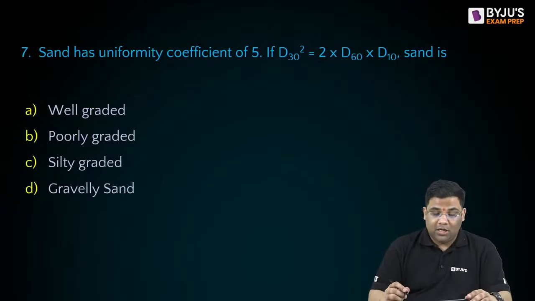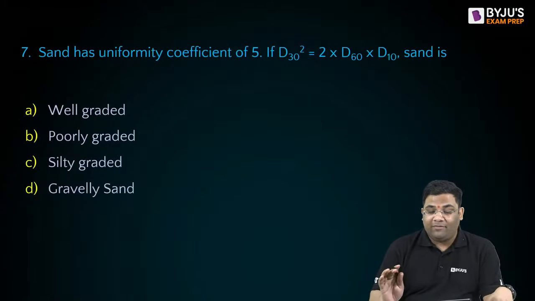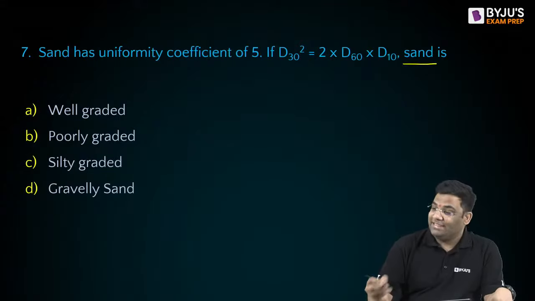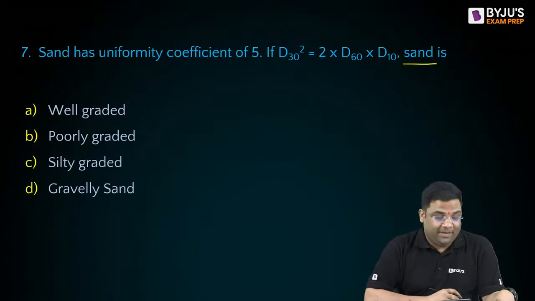Seventh question. Sand has a uniformity coefficient of 5, and D30 squared is equal to 2 times D60 into D10. We have to classify the sand based on this.